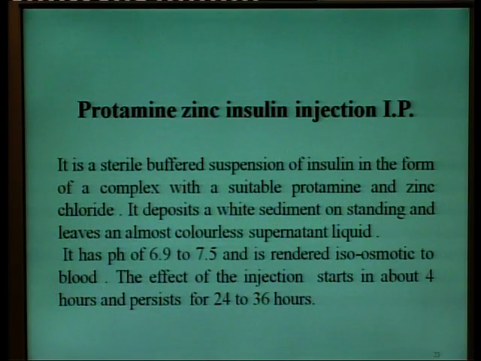It has a pH of 6.9 to 7.5 and is rendered isoosmotic to blood. The effect of the injection starts in about 4 hours and persists for 24 to 36 hours.